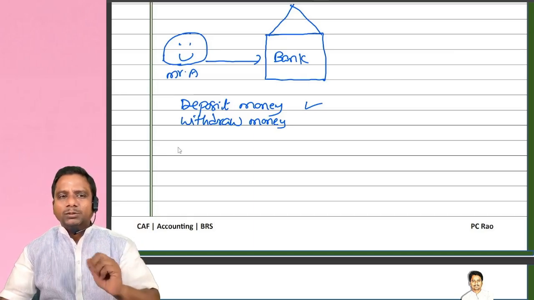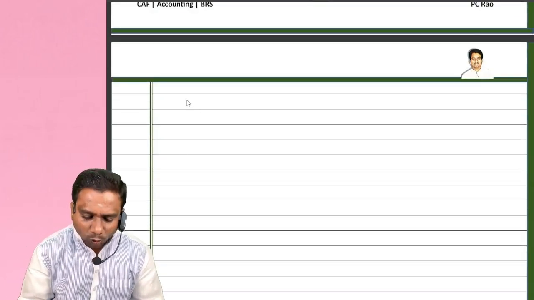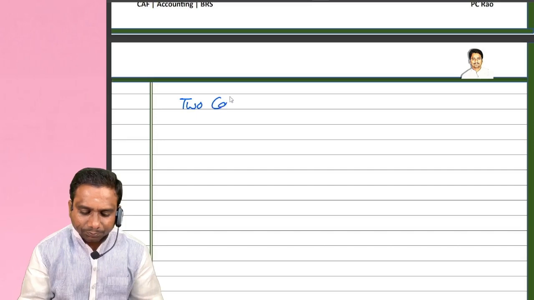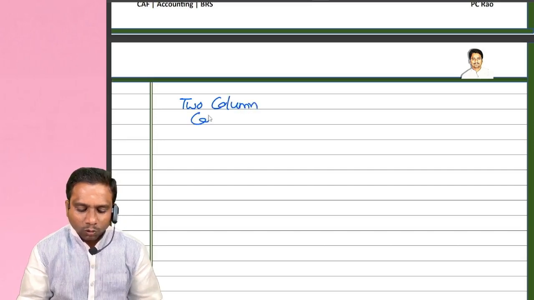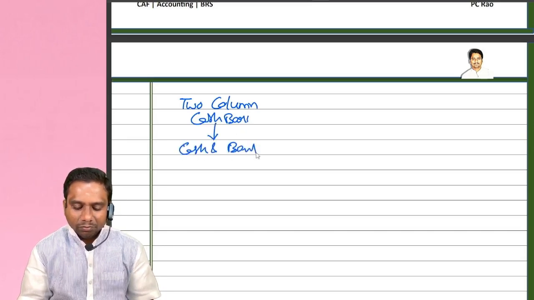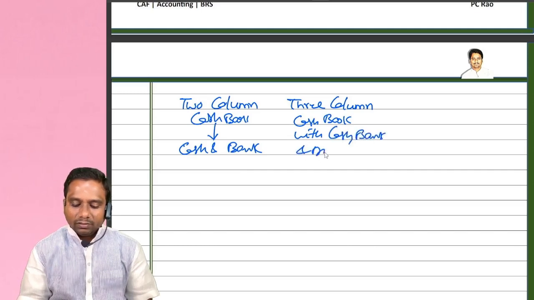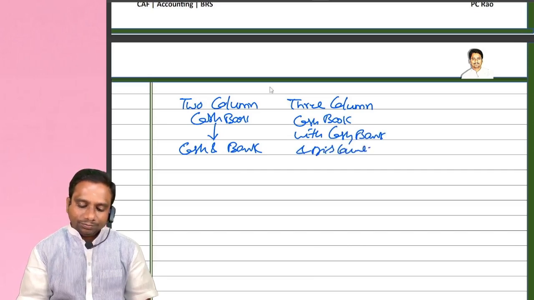There is the possibility of maintaining a two column cash book with cash and bank columns, or a three column cash book with cash, bank and discount.